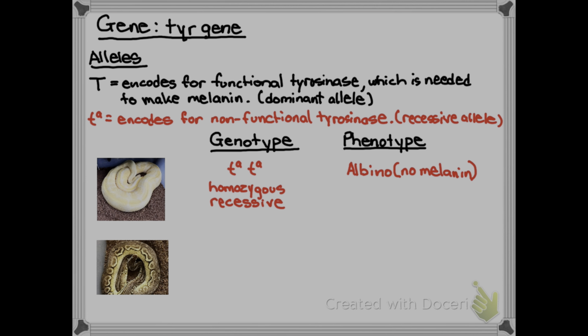And then we have Mansa, who is the father of Mr. Pickles, and he has a heterozygous genotype, so he has a dominant and a recessive allele for the TYR gene, and we'll refer to his phenotype as wild type for the TYR gene in the sense that he is able to make melanin.